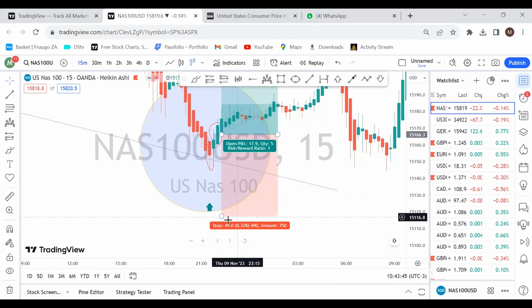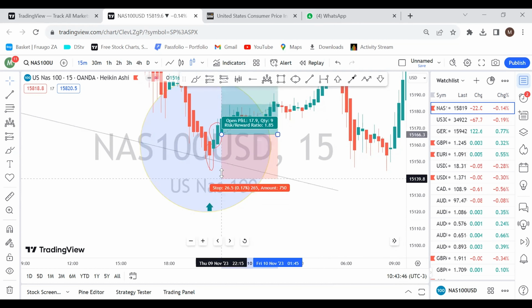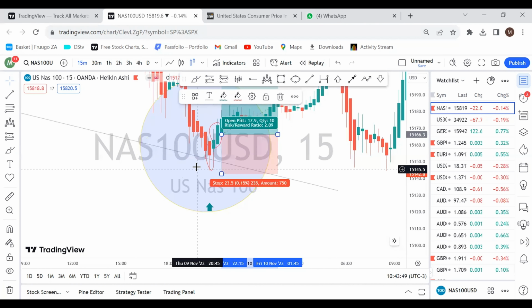And when it comes to our stop loss, we put it below the lowest point of our third touch, which is our rejection. So we'll put it below our rejection, not at the same level as the rejection, but below it.